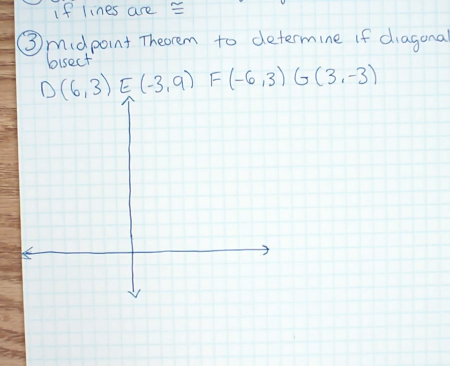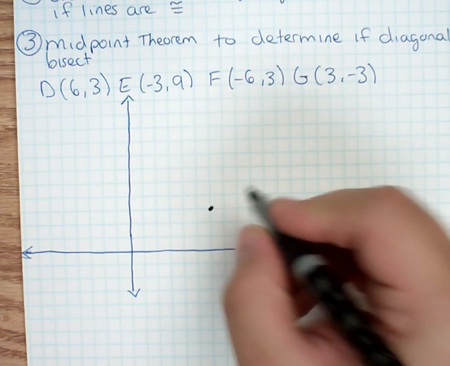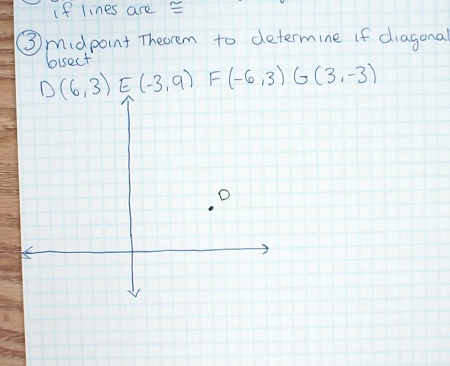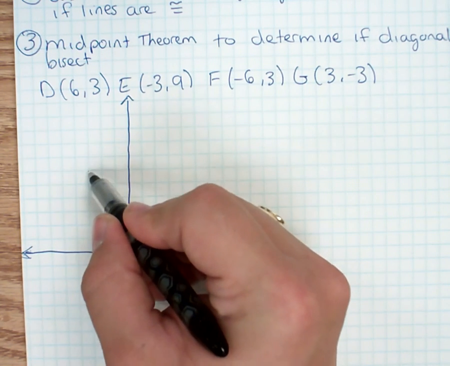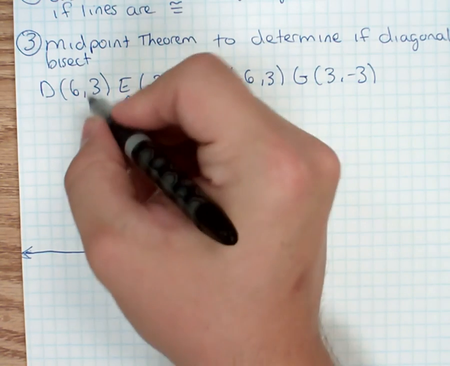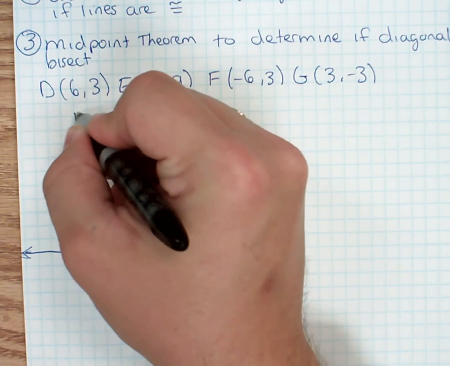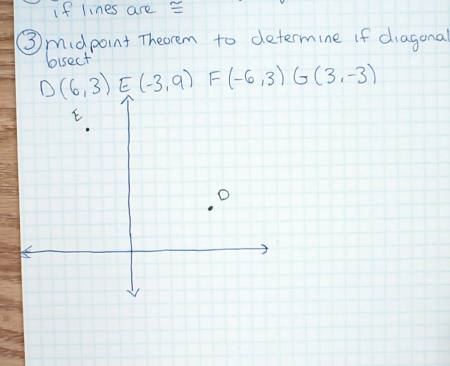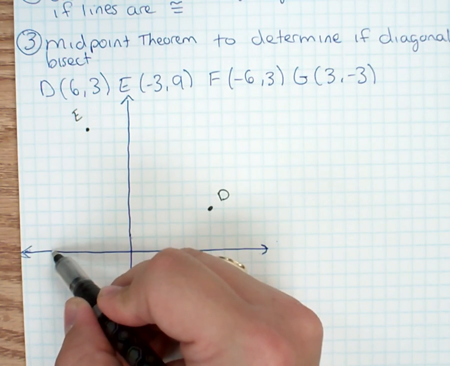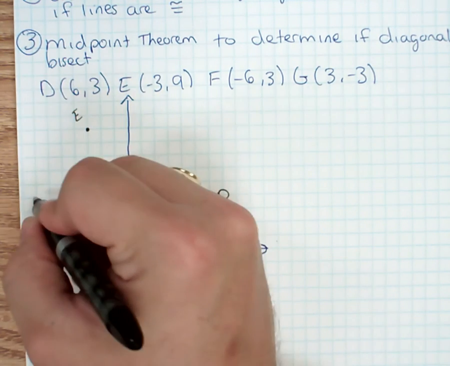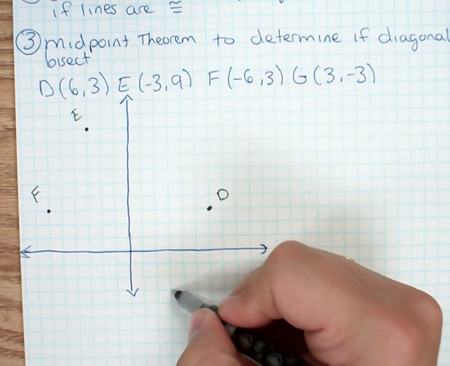We get a different color here. D, which is 6, 3, so 6, 3, this is D. E is negative 3, 9, so 2, 4, 6, 8, 9. F is negative 6, 2, 4, 6, positive 3. And G is 3, negative 3.